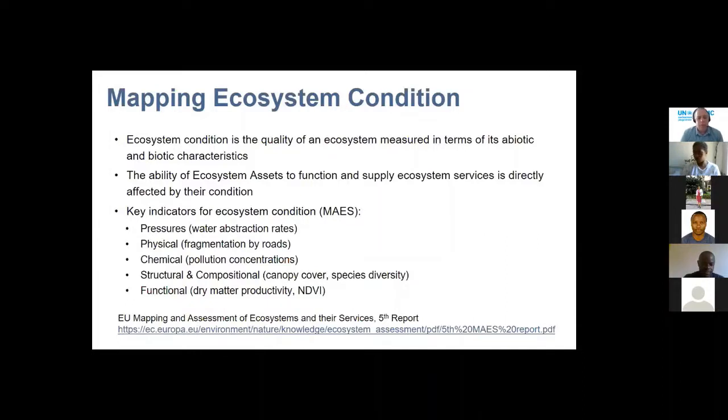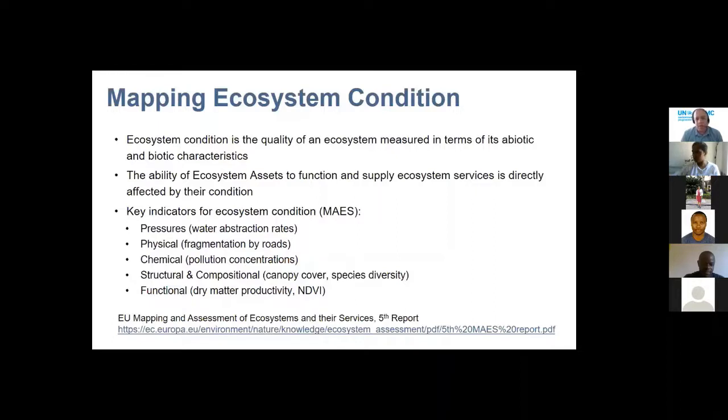So moving now on to the idea of ecosystem conditions. So the idea of mapping the assets is to set out the boundaries for these different ecosystem assets, but in terms of the natural capital stocks that they represent, they're defined both on the basis of their extent, but also in terms of their quality as well.